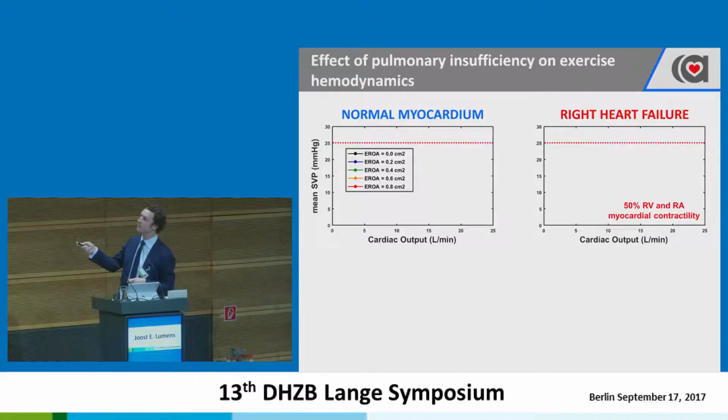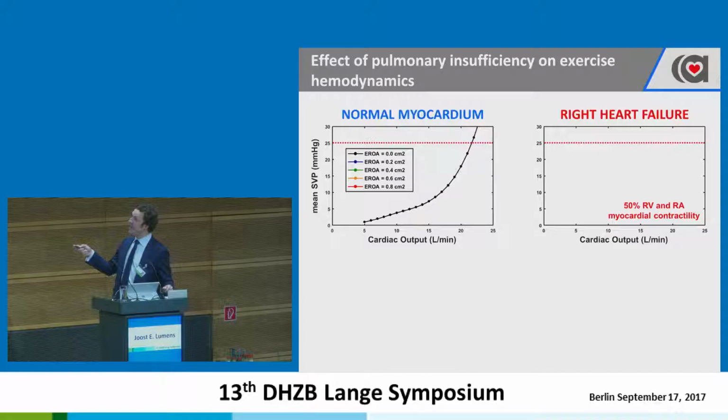I call it mean systemic venous pressure here. And we can simply assume, well, let's say a patient can handle a mean central venous pressure of 25 millimeters mercury. Beyond that point, it will really show symptoms, and I'm not so sure whether this is very realistic. You can probably tell me, but this is what I assumed.